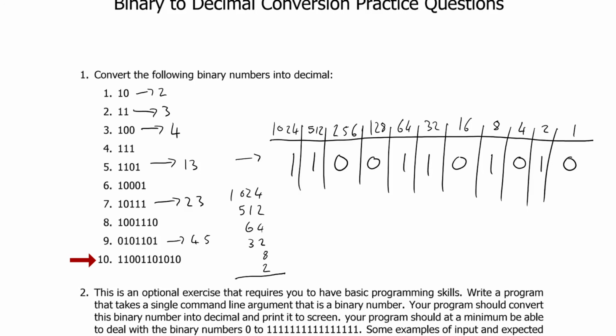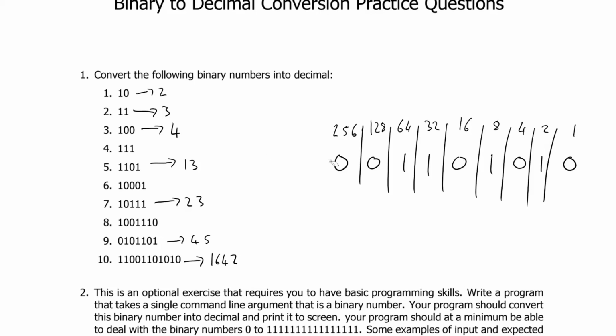If we add all those up, so I've run out of room here, let's just take a second. So 2, carry 2, 4, carry the 1, 6, 1642. That becomes 1642. So you can see that even with a large binary number, you can follow the exact same steps to get the answer.